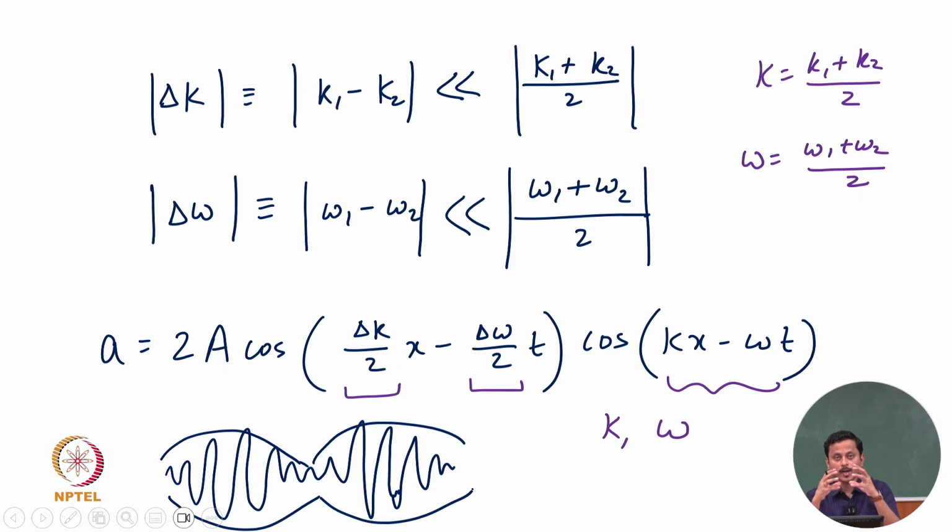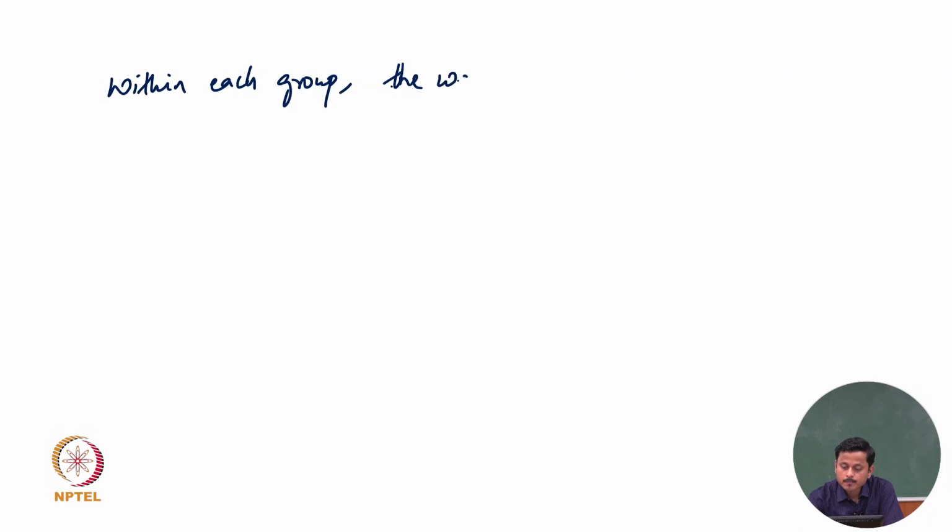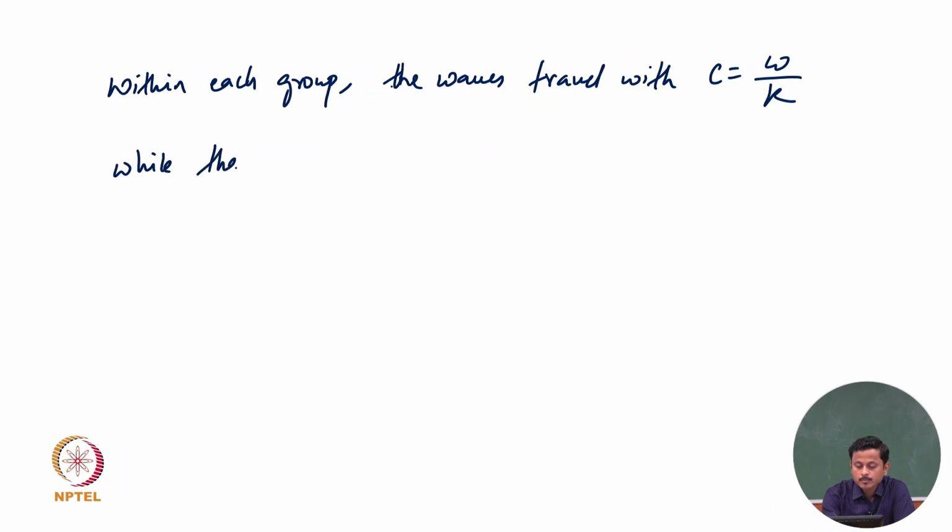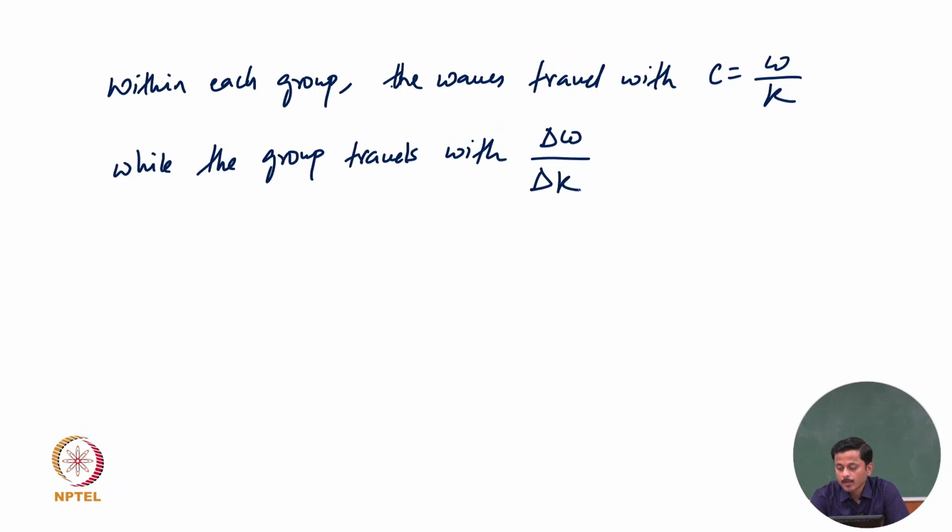This is a bunch of wave packets or bursts of waves, and within each group, the waves travel with omega by k, while the group travels with delta omega by delta k.